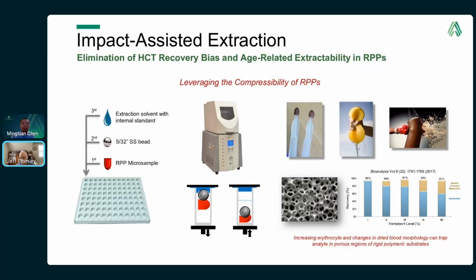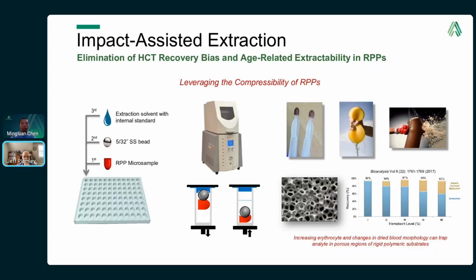And then when the substrate is not being compressed, we have reformation of that substrate, and so we get reabsorption of solvent into the RPP. So it's very much like soaking and wringing out a sponge.